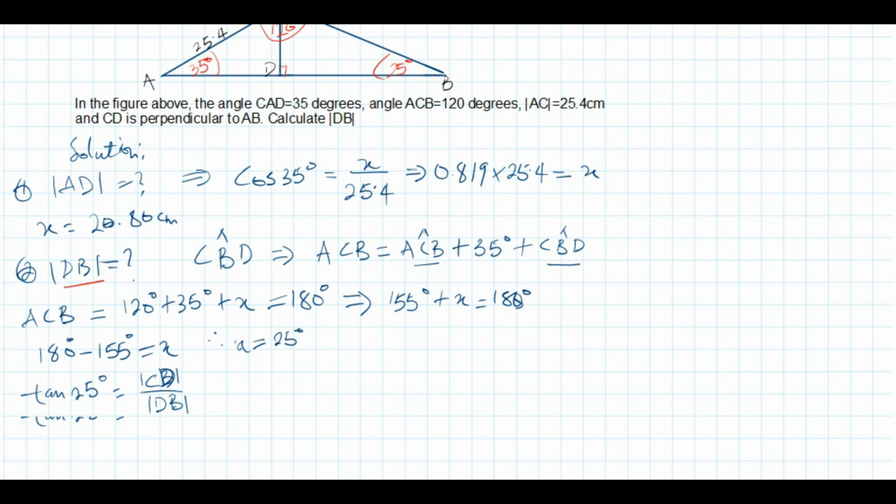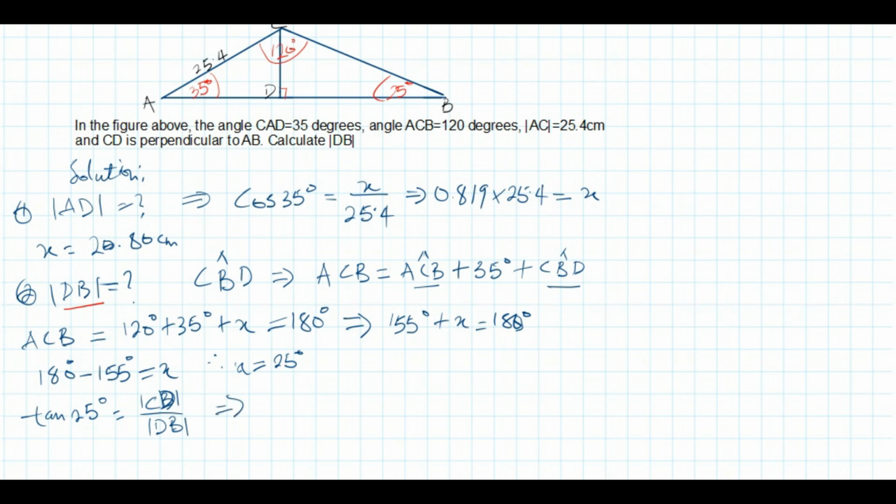Okay, so now let's look at something here. We were able to find our side AD. So for us to find CD wouldn't be a problem now. For us to find CD, we would have to look at the whole triangle ACD and then add all the sides together so that we'll end up finding our CD, which we don't know now.